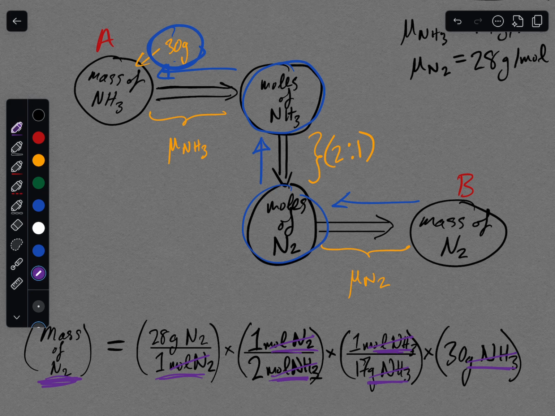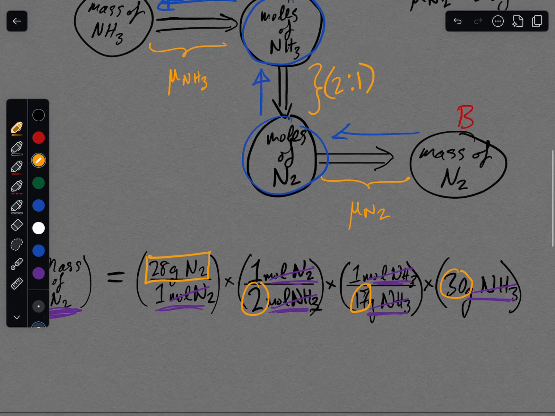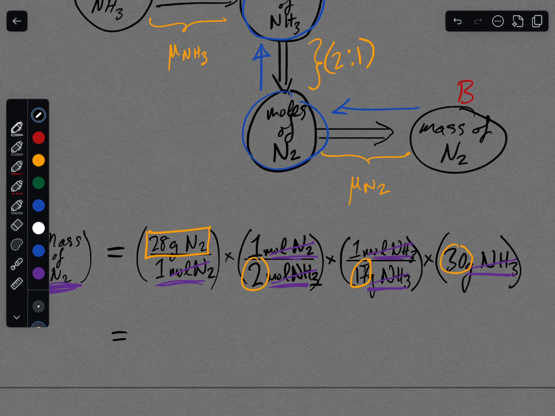And what are we left with? We are left with 28 grams N2 divided by the number 2 and the number 17 and multiplying by 30. So if I want to simplify this, this is 28 times 30 divided by 2 times 17. And the only units that survived are grams of N2, which is exactly what I want. I want to find the mass of the nitrogen gas.